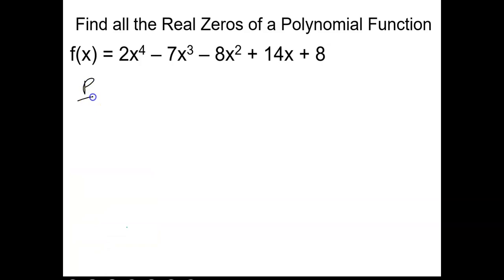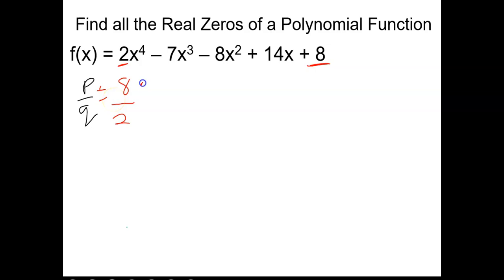So it's P over Q. P is going to be all the factors of 8, and Q is the coefficient of the highest degree term, while the constant is P. Now you're going to find all the possible factors of them.